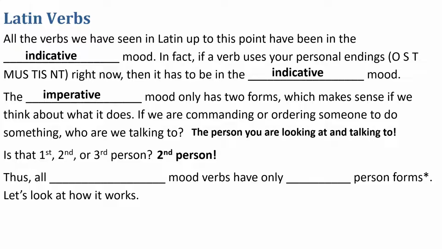You're looking at someone, telling them, you do this. Thus, all imperative mood verbs only have second person forms. Yeah, I know person is redundant here, whatever. It's second person, and there's a little star there. In the future, when you get to pre-AP and AP, we can talk about other things the imperative does, but right now, let's just look at how it works.